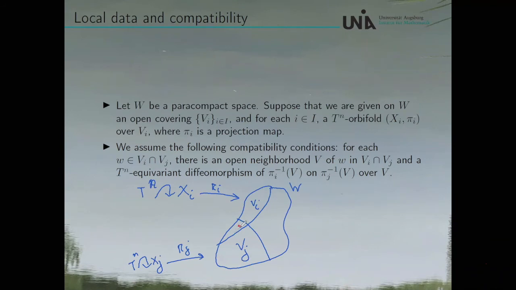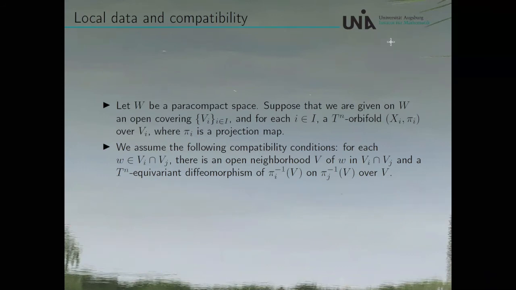For each point in the intersection, we have a neighborhood like W, such that if I take pi_i inverse of V here, or I take pi_j inverse of V here, I can construct a T^n equivariant diffeomorphism between these two subsets. We call this the compatibility condition.